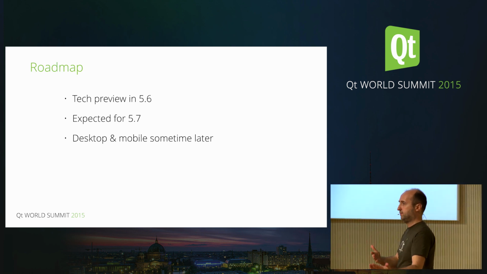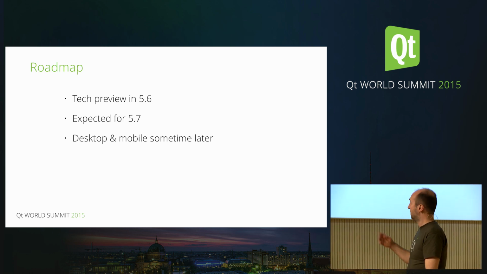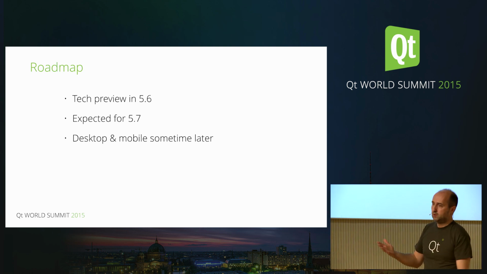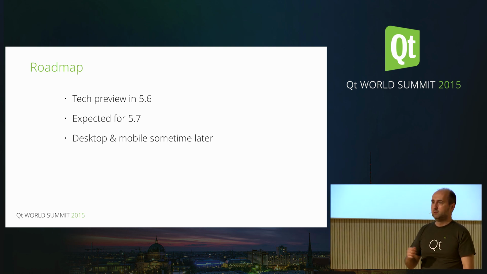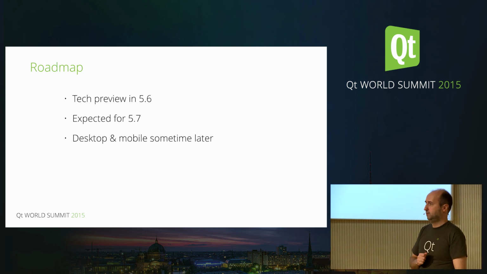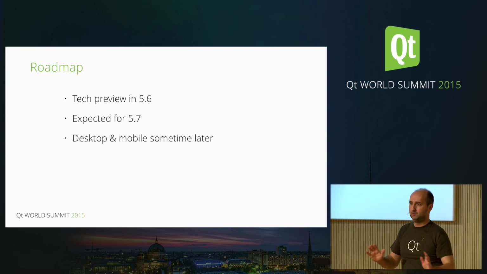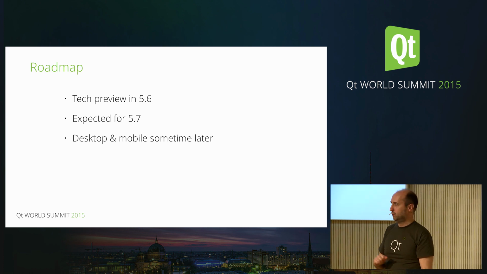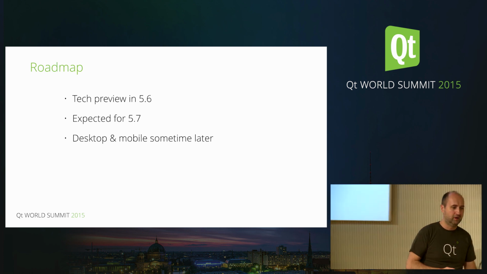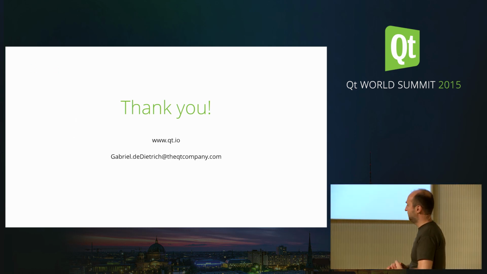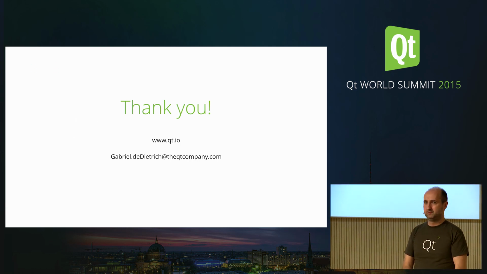It just doesn't have native styling. Whether this comes later, we need to see, but we will try to come up with something that eventually maybe replaces Qt Quick Controls. But this is already a bit far in the future, so don't take my word, and let's just see what happens. So that was it. Hope you enjoyed this presentation, and thank you for your attention.